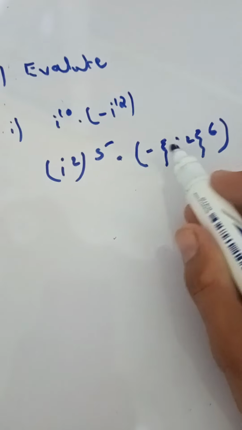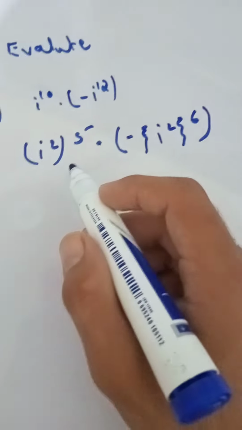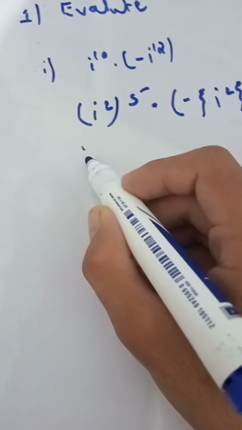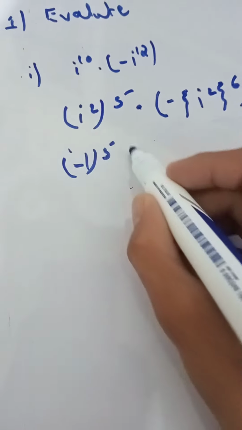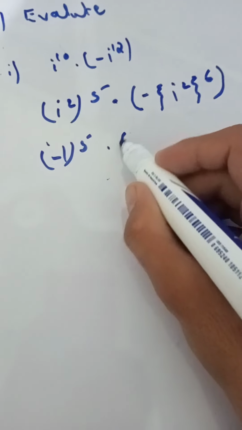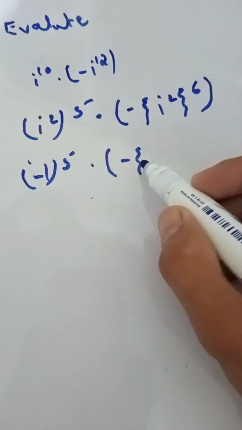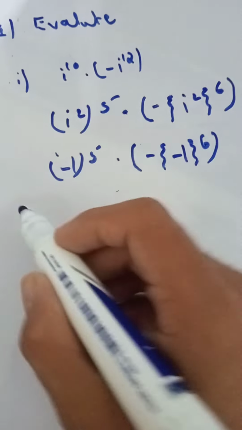It will become minus iota power 12. So what's the value of iota square? Minus 1 power 5, dot, minus 1 power 6.